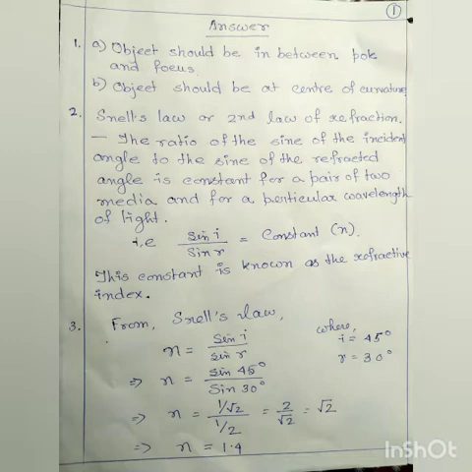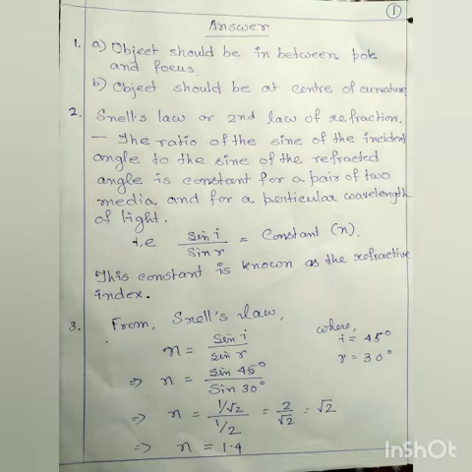First I would like to discuss the answers for the questions which I have given in last class. The first question was, where should be the position of the object if the image formed by a concave mirror is observed to be virtual, erect and larger than the object?